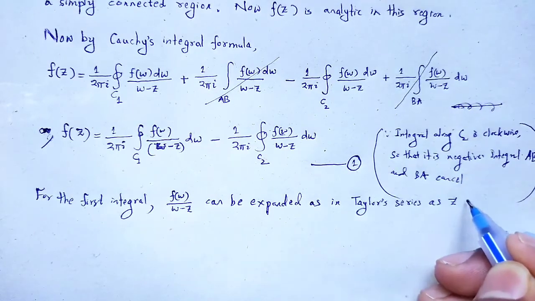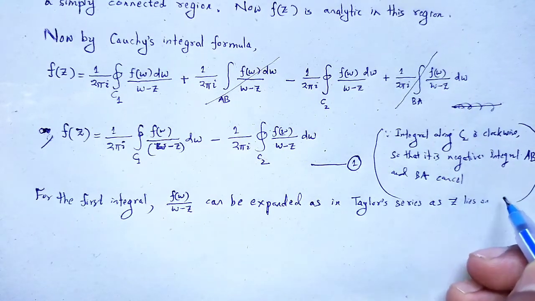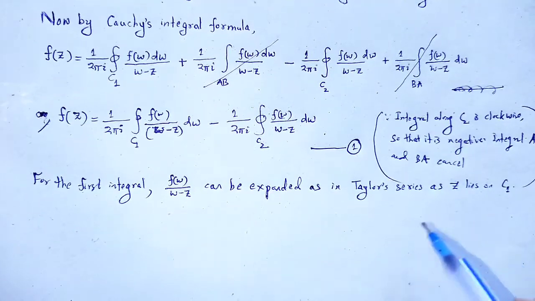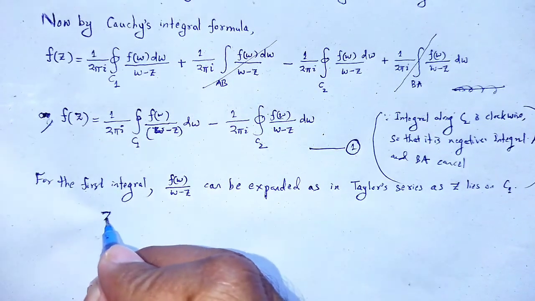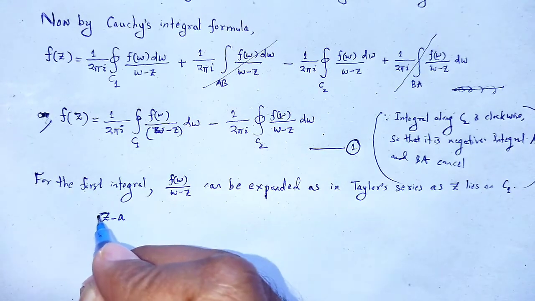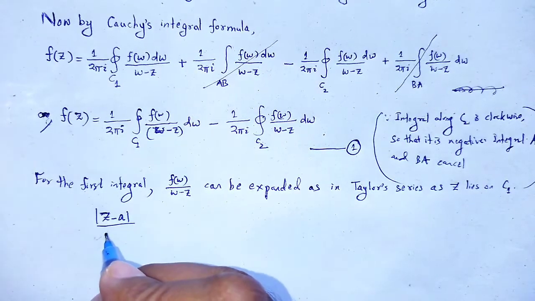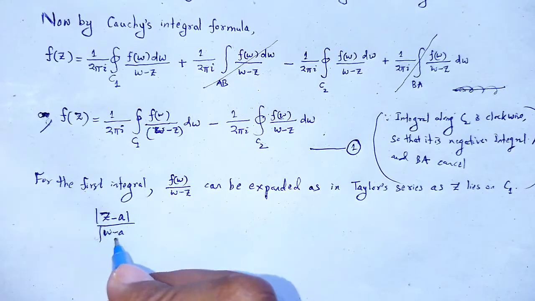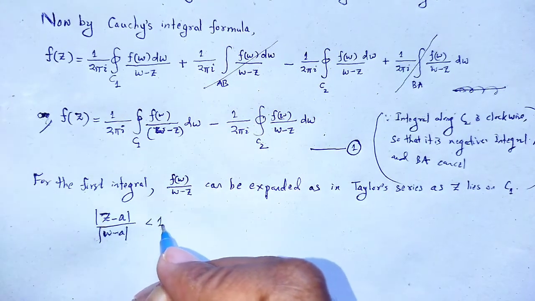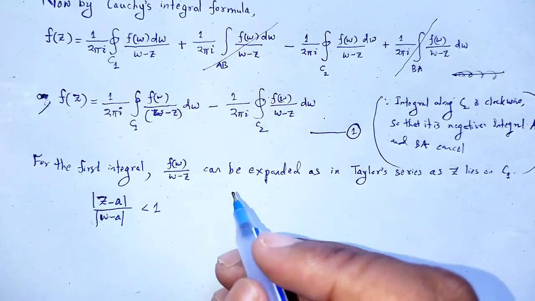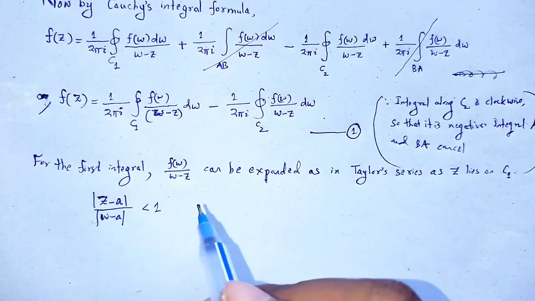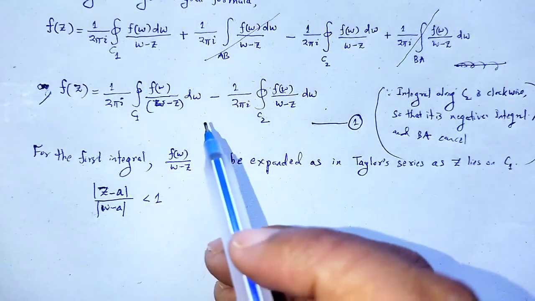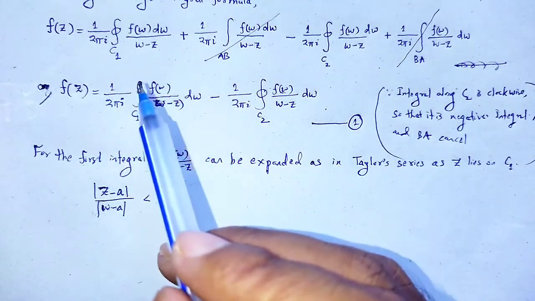As z lies on C1, the magnitude of z minus a divided by the magnitude of w minus a is less than 1, so that series converges uniformly. So we can easily evaluate that particular integral.